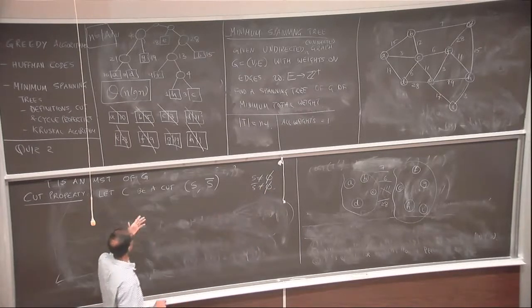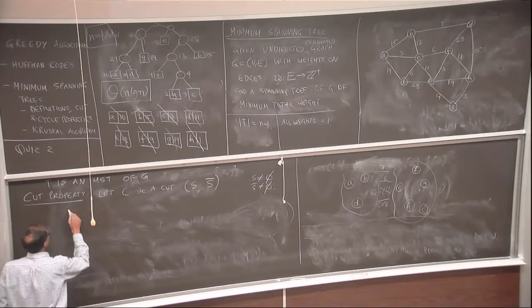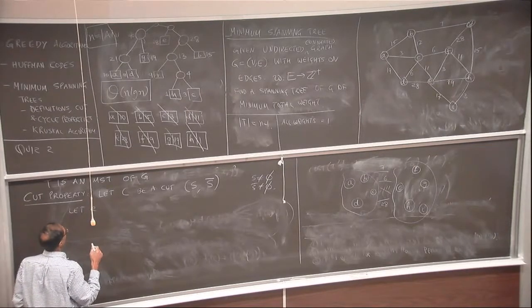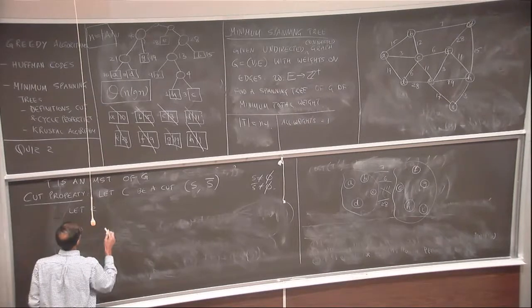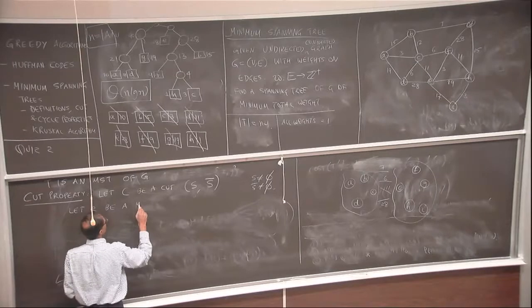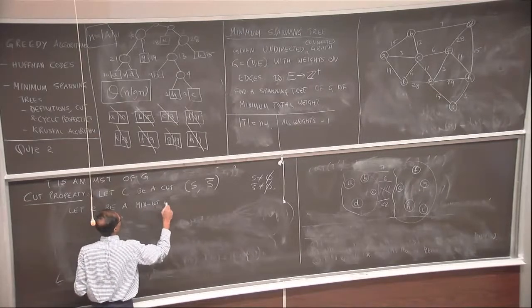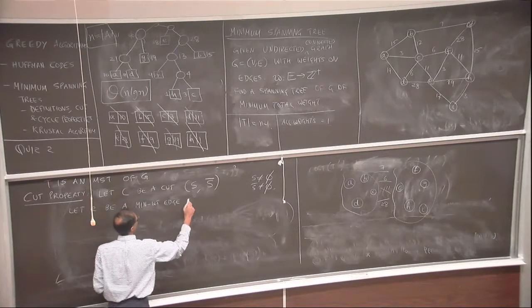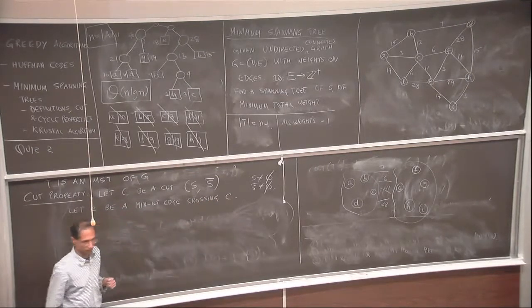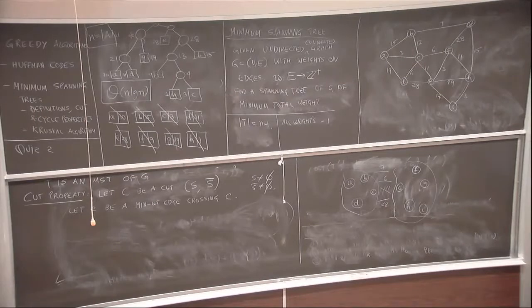So let C be a cut, and let E be a minimum weight edge crossing C. Okay? Then there exists a minimum spanning tree that includes this edge E.